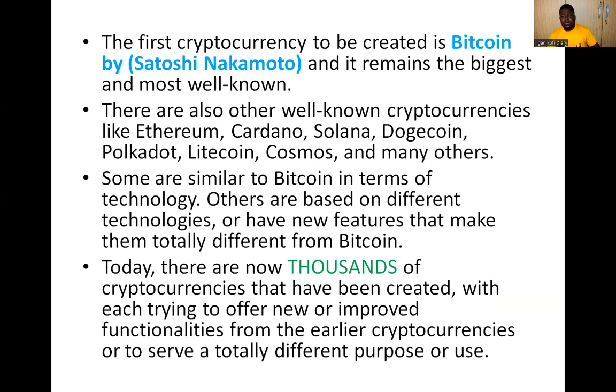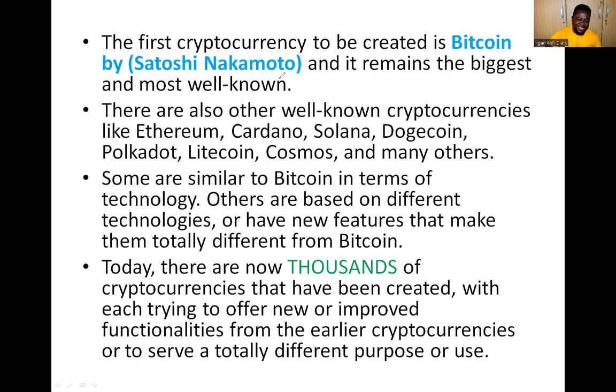Now, the whole cryptocurrency market, we need to look at how it all began. The first cryptocurrency to be created is Bitcoin, and it was created by Satoshi Nakamoto.